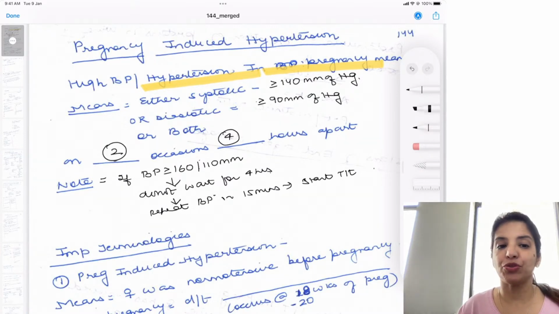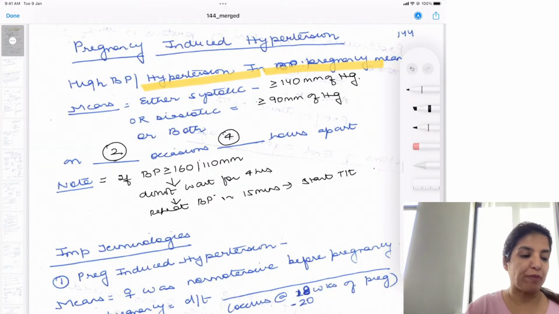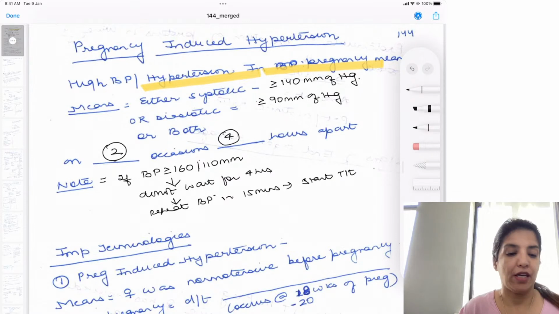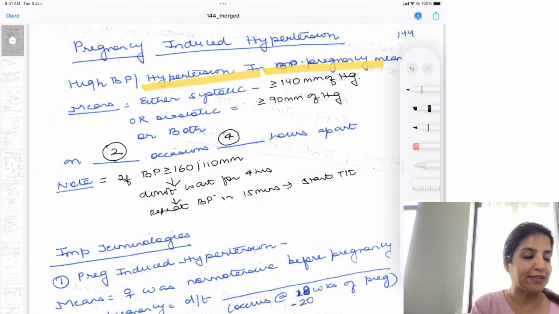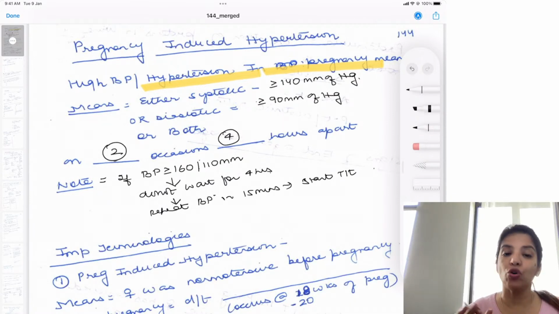So I'm coming back to this. Just in case your patient's BP is more than equal to 160 by 110, then in that case you are not going to say that I will wait for 4 hours. You are going to repeat BP after 15 minutes and start the treatment, right?